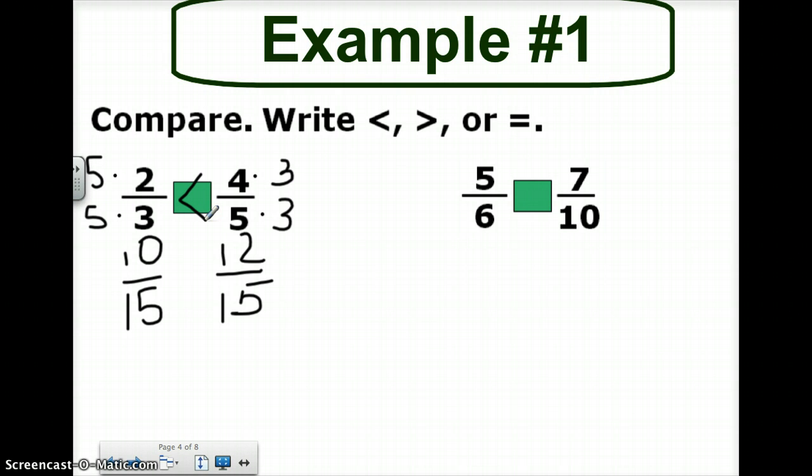Let's go ahead and try 5/6 and 7/10. Again, your book is suggesting you find a common denominator, and they want you to find the least common denominator. I'm okay if you do not find the least common denominator. If you just want to multiply 6 times 10 to get 60, sounds good to me. So we're going to go ahead and multiply each of our denominators, which is going to give us 60.